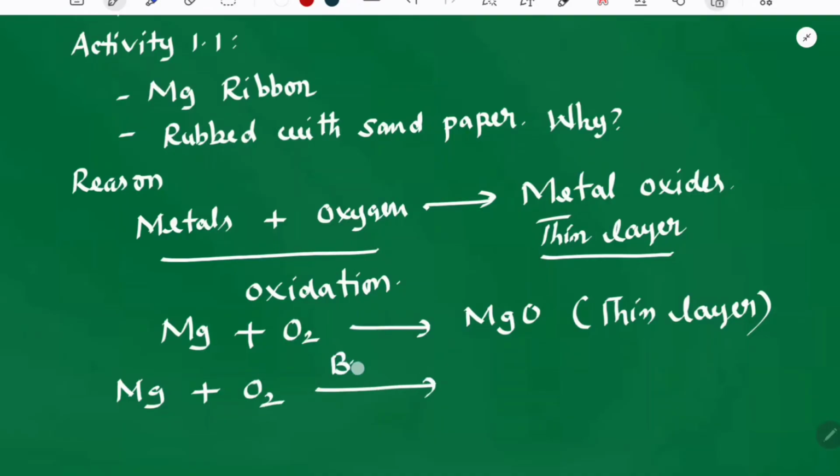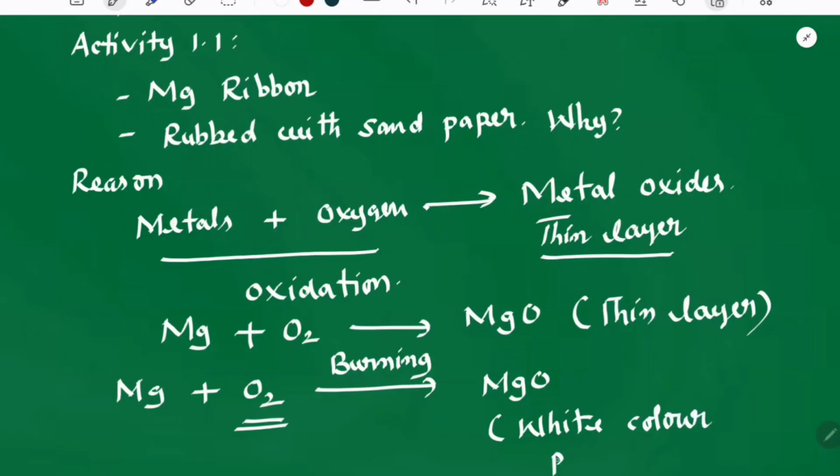When it is burning, does it simply burn without anything? No. In the presence of oxygen only it can burn. So we get magnesium oxide. What is this? Magnesium oxide. It is a white color powder.